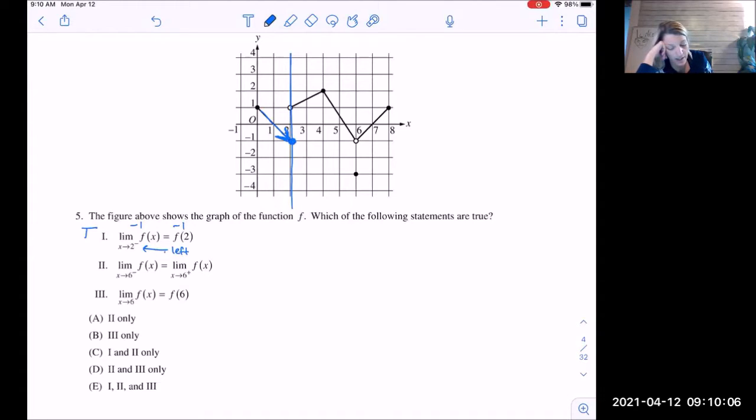All right, number 2 says the limit as x approaches 6 from the left is equal to the limit as x approaches 6 from the right. From the left, we're going to -1. From the right, we're going to -1. Both of those are -1, so that is true.